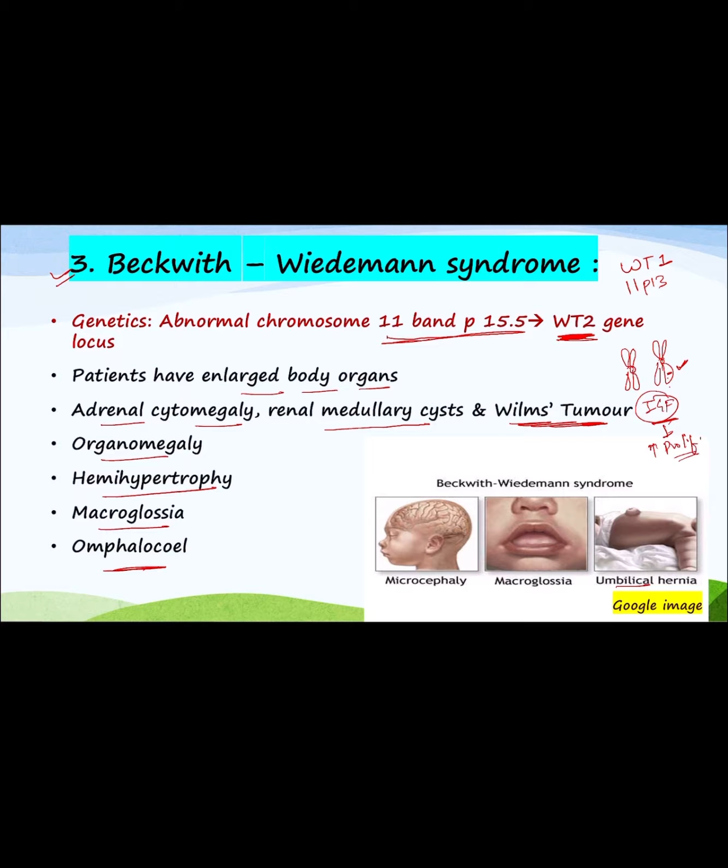You need to remember that the gene involved here is the WT2 gene, and the defect is in imprinting. There is loss of imprinting, and the various symptoms that you should remember. So these were the three syndromes that are associated with Wilm's tumor, and you have to remember all these syndromes for the viva as well as the entrance exams.